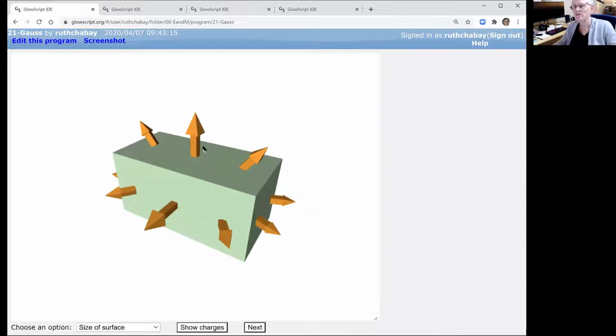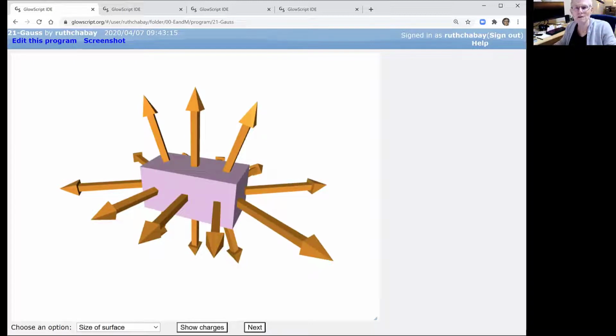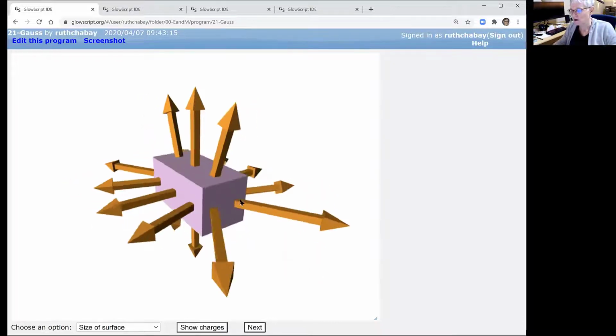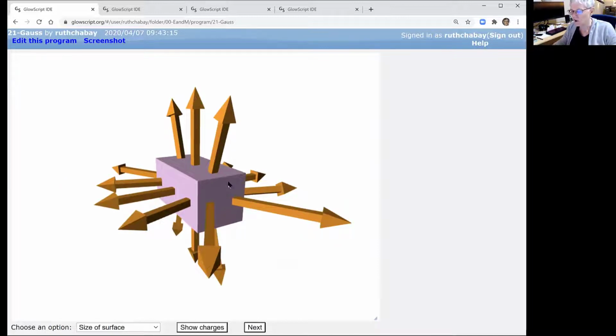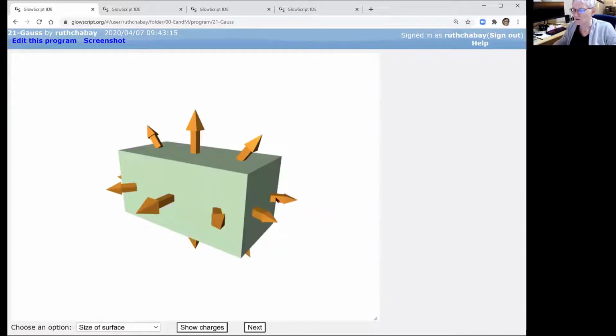So in order to get some sort of accurate measure of the magnitude, our answer has to be independent of the size of our box. And what that means is we have to take the surface area of our box into account. So if we multiply this large value of E dot n hat times the small surface area, we want to get the same result as if we multiply this small value of E dot n hat by this much larger surface area. So we've got to take into account the surface area.